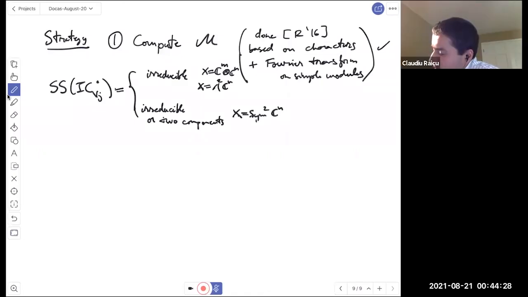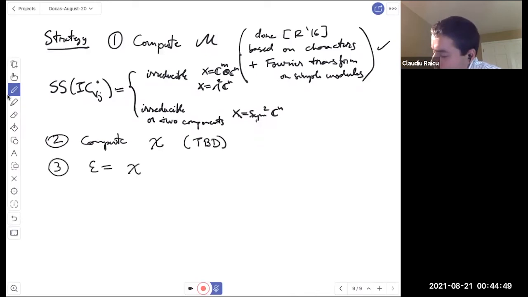All right, so let's say these microlocal multiplicities are done, and this is to be discussed, how to compute the Euler characteristics. And then the final step is this one. Okay, so 2 is interesting. What is 2?